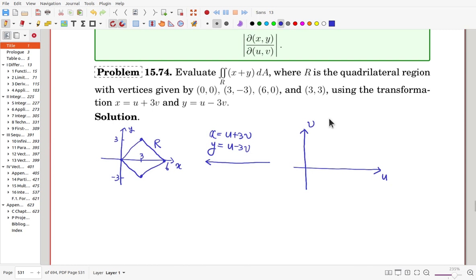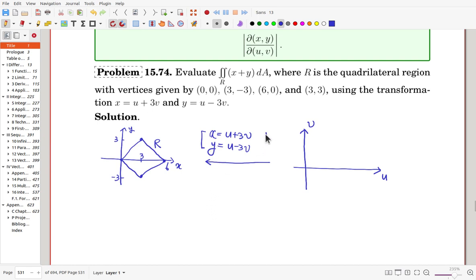In order to find the predomain, here we may consider the inverse transformation. So we try to express u and v as functions of x, y. Then these points can be transformed by the inverse transformation, and so we can recognize the region in the UV domain. Okay, so let's try to solve these two equations for u and v.